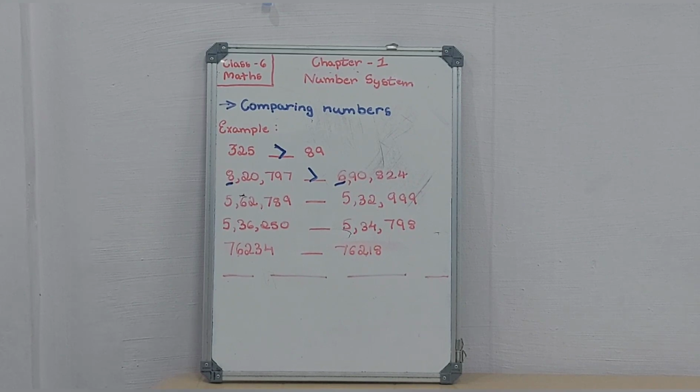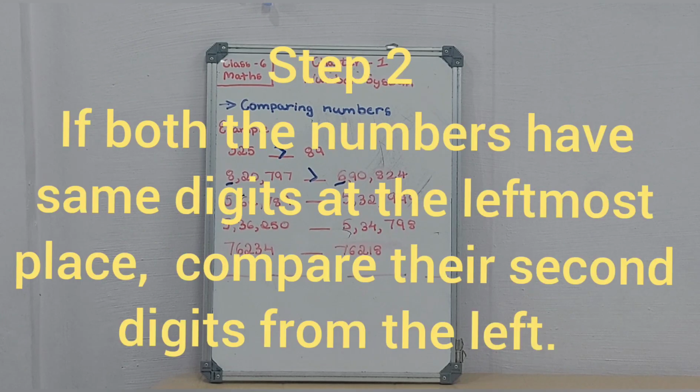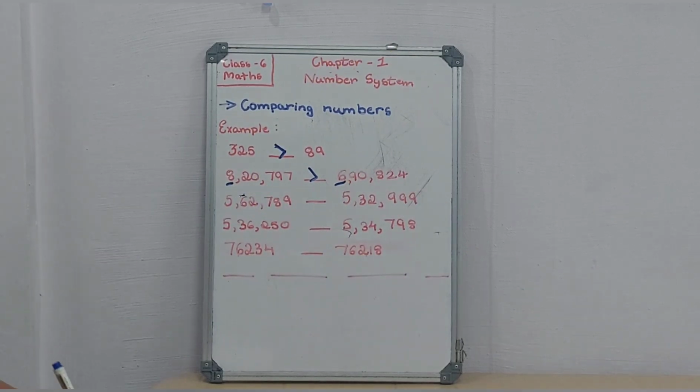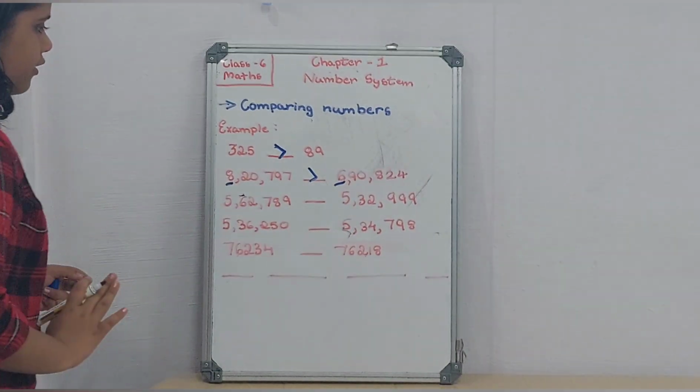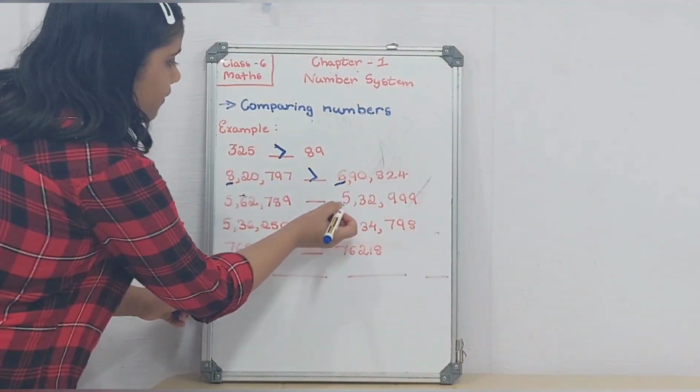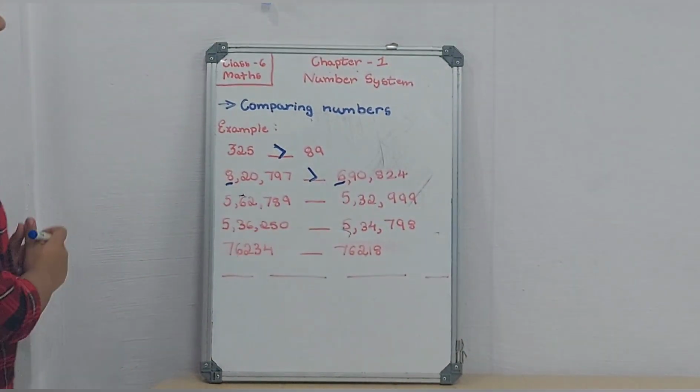In comparing the numbers, you have a second step. What is that? If both the numbers have the same digit at the leftmost place, compare their second digit from the left. Here you can see that at the leftmost place we have 5, and here also we have 5.